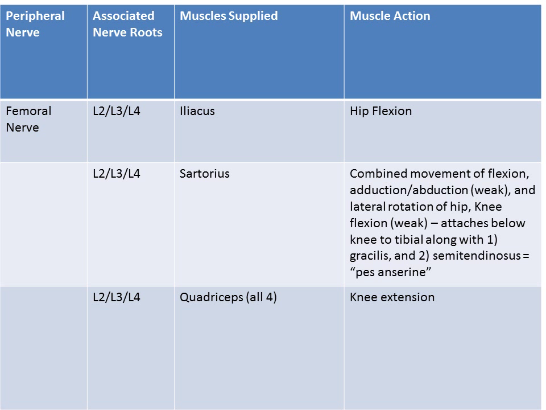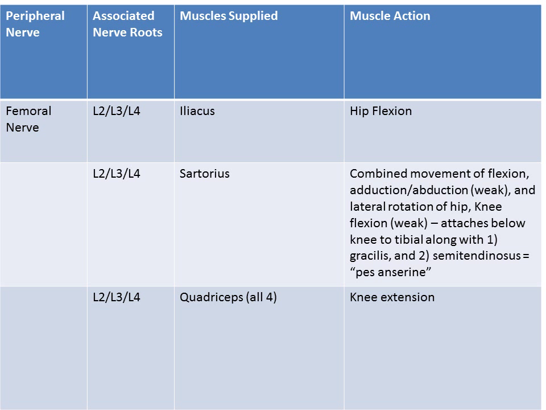Sartorius muscle produces kind of a strange movement. It's kind of a combined movement at the hip, combined movement of hip flexion, hip initially adduction and then hip abduction, and then also lateral rotation of the hip.